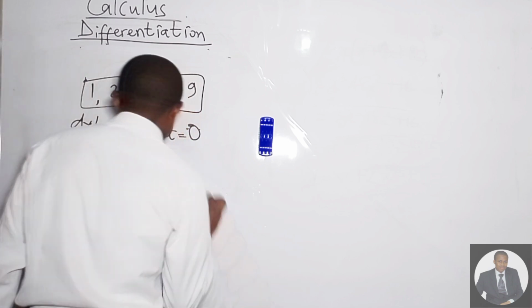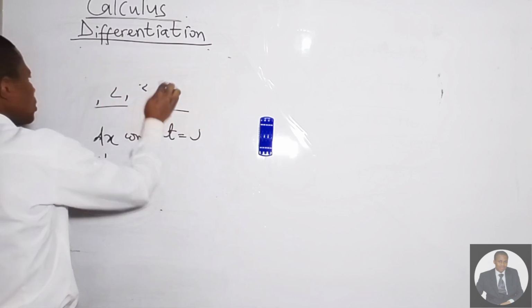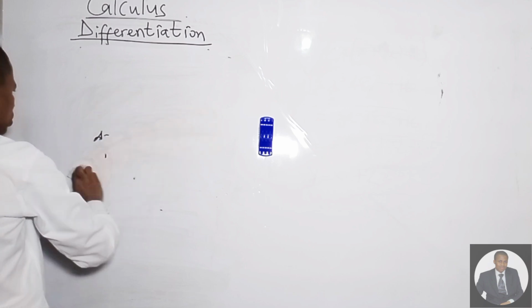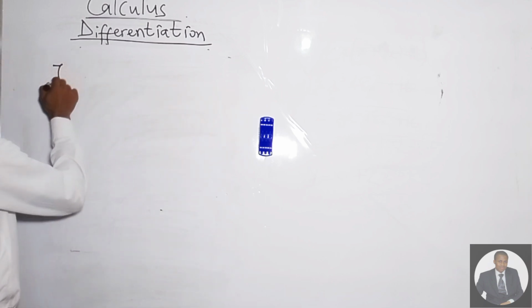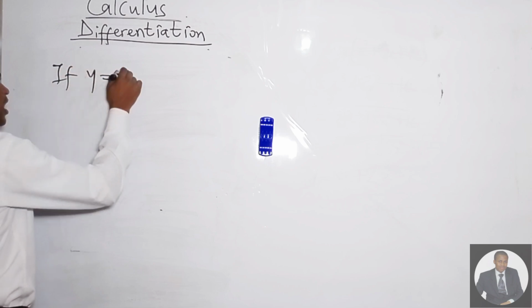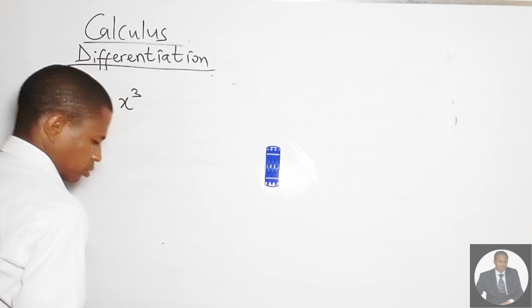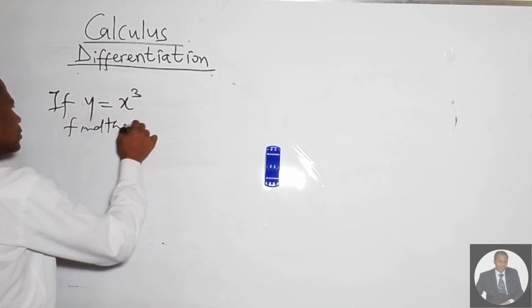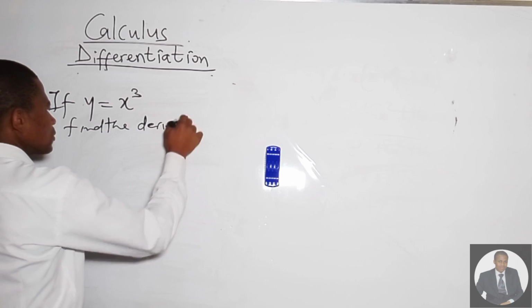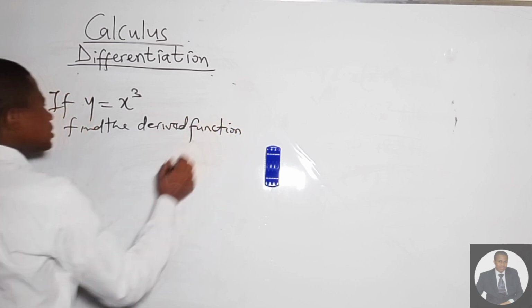So let's look at some questions to buttress what we want to do. If y equals x raised to the power 3, find the derived function. Derived function is the same thing as the dy/dx.